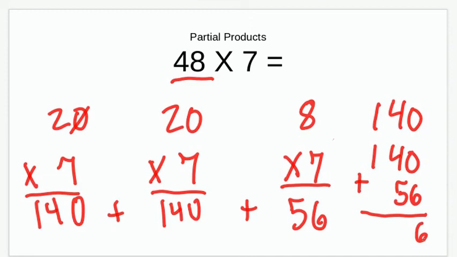And in my tens, I have 4 tens plus 4 tens. That's going to be 8 plus 5 more is 13, which means I got to make a new 100. And then that's 1 plus 1 plus 1. That's 3 hundreds. So 48 times 7 equals 336.